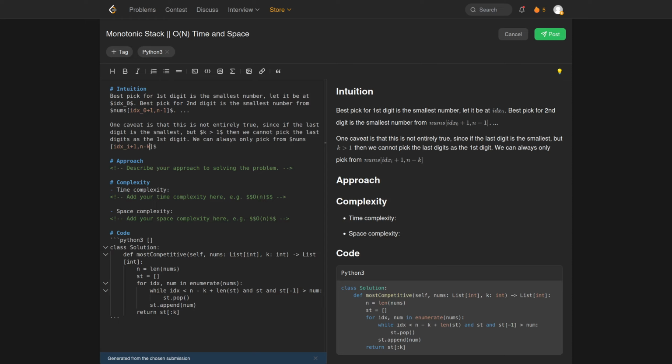If k is 1, then it's not really n minus k, because if we decrease k, we can always only pick from, well, that's for k like 4. I guess, yeah, that holds.